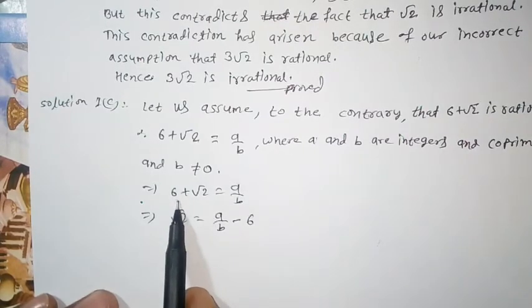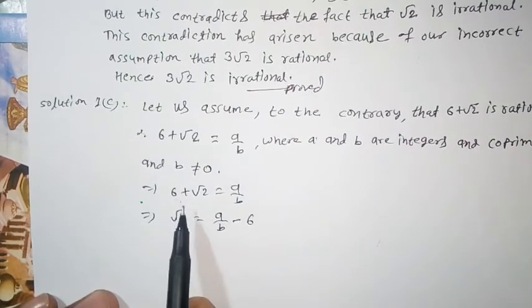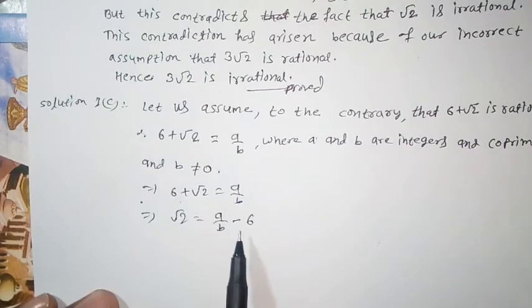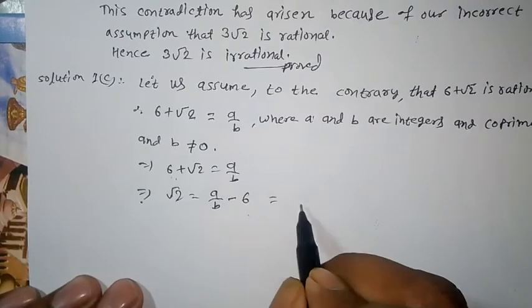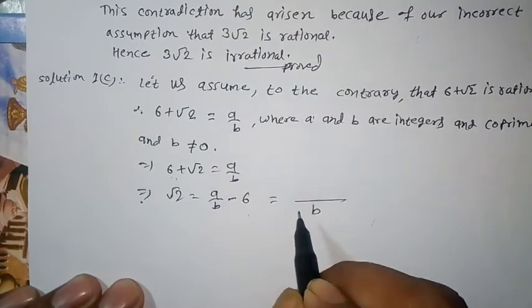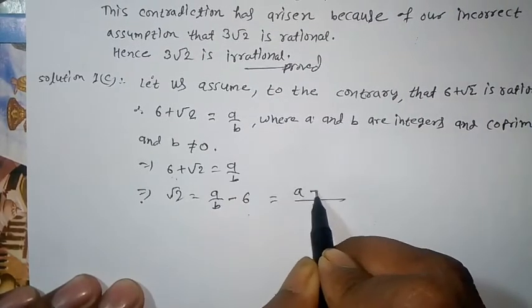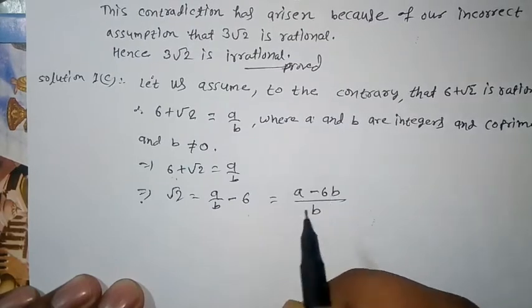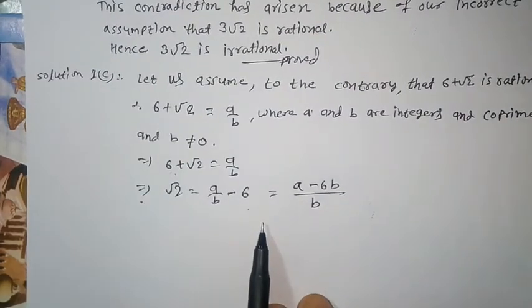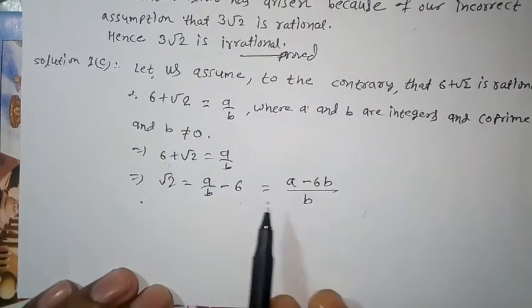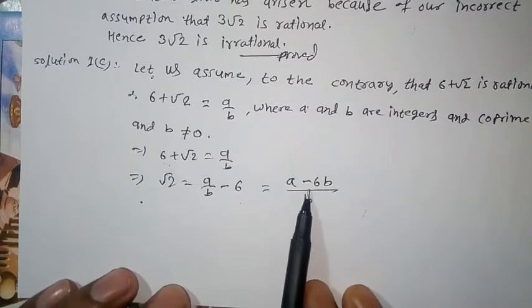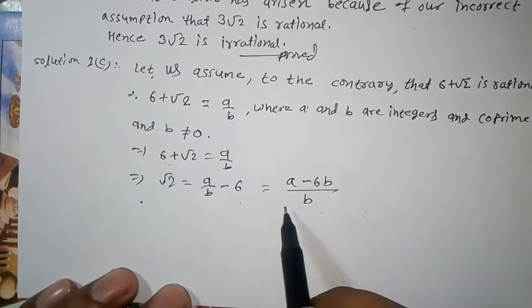Here 6 is positive, on the other side the sign of 6 is negative. LCM is b, then when you subtract rational numbers, I get a minus 6b by b.